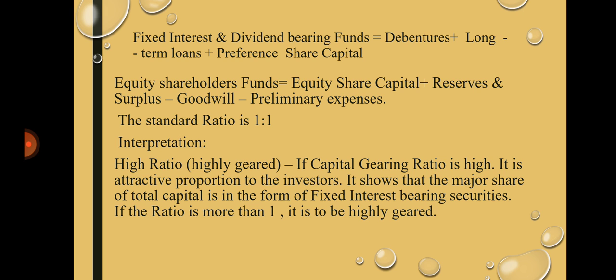Equity shareholders' fund is equity share capital plus reserves and surplus minus goodwill and preliminary expenses. The standard or ideal capital gearing ratio is 1:1.